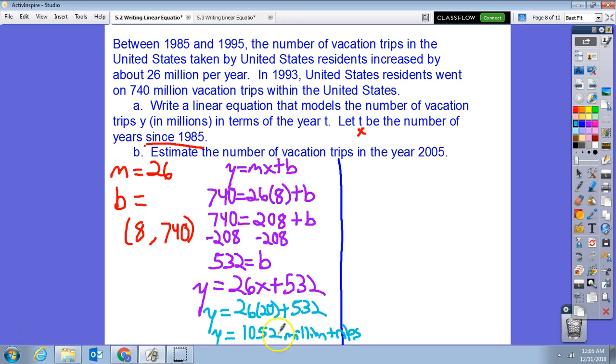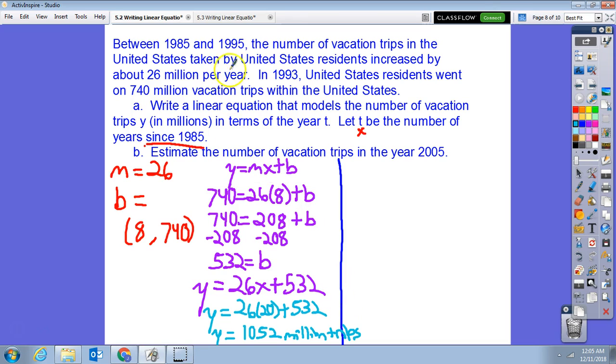Would this equation be appropriate to use for this question in 2005? Notice that it was between 1985 and 1995 that the number of trips was expected to increase by this much. So 2005 is outside of that range of numbers and years. In math, we call that linear extrapolation.